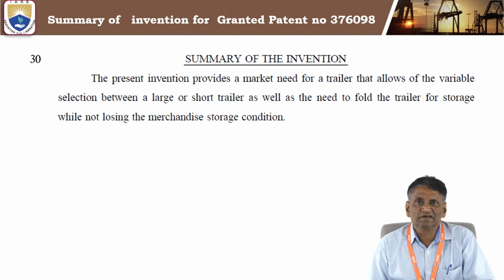The present invention provides for a market need for a trailer that allows variable selection between a large or a short trailer, as well as the need to fold for storing, so that when it is not used, it will occupy very little space. So this is the total invention in a summary. It is very useful for understanding the invention by a common man. Summary of invention.